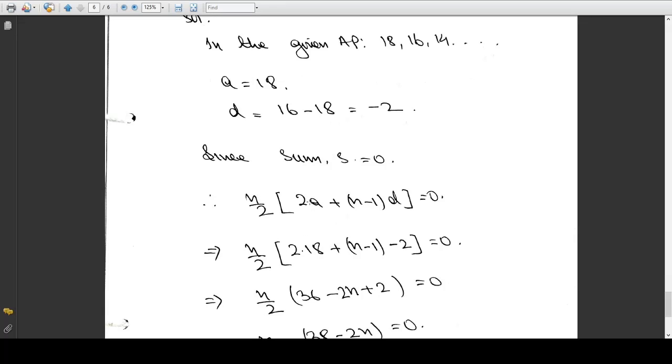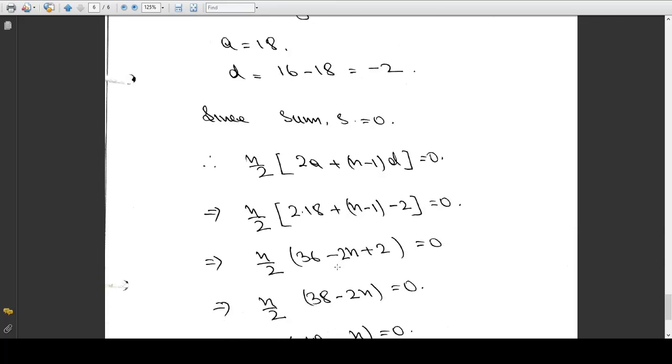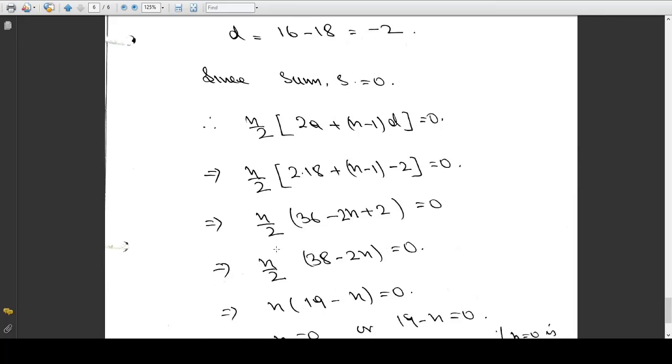So n by 2, 2 multiplied by a, which is 18, plus n minus 1 times d, which is minus 2, should be 0. Then 2 multiplied by 18 is 36. Multiplying minus with n we get minus 2n, minus with minus is plus, 2 multiplied by 1 is 2.